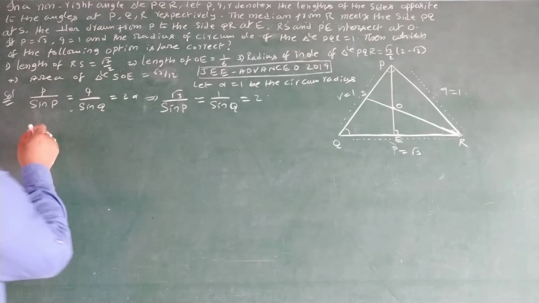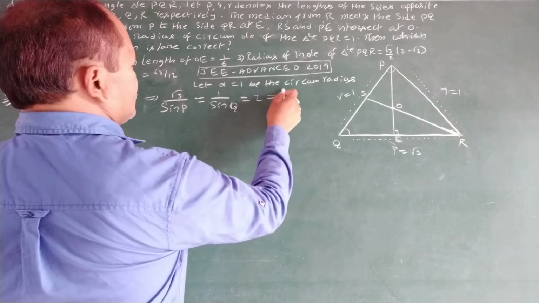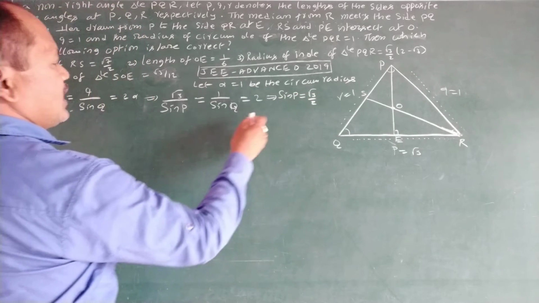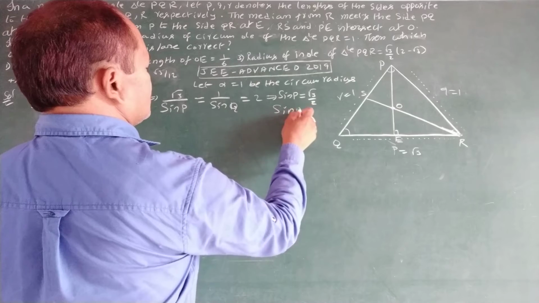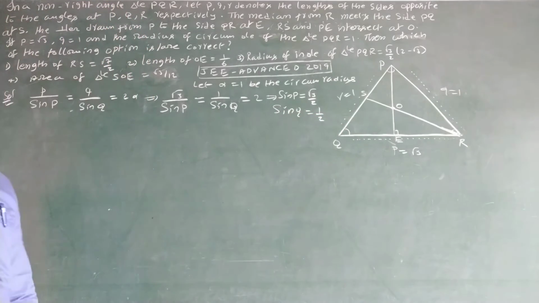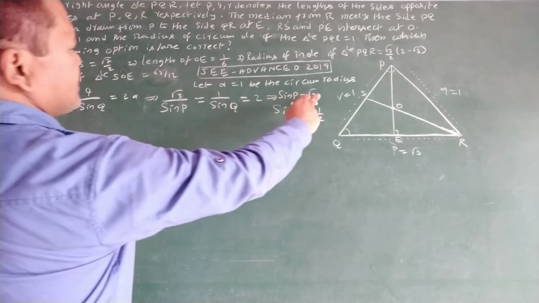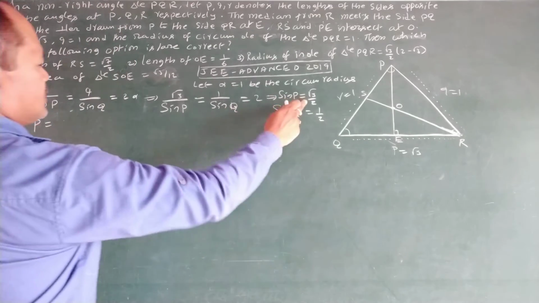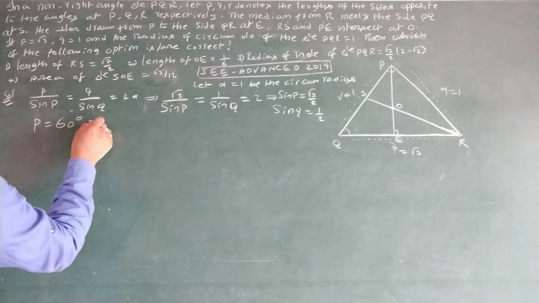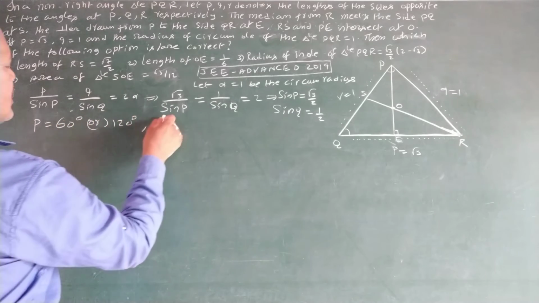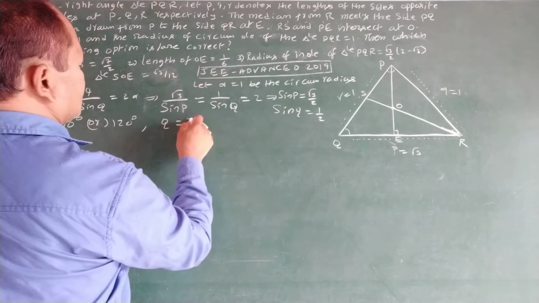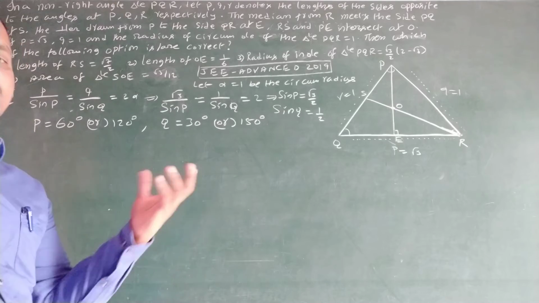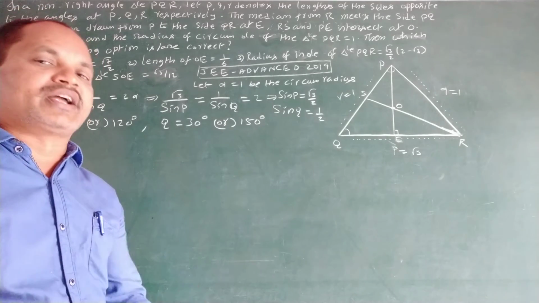So from this, sine P is equal to root 3 by 2 and sine Q is equal to 1 by 2. So the value of sine P is root 3 by 2, then P is equal to 60 or 120 degrees, and Q is equal to 30 degrees or 150 degrees. From the given question construction it is a non-right angle triangle.